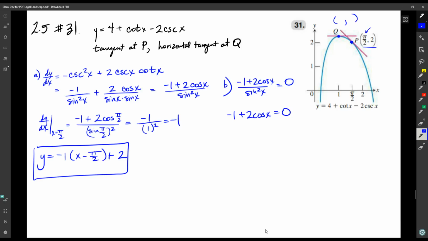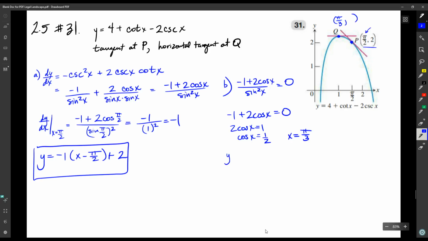Solving this a bit further, we should find that 2 cosine of x is equal to 1. And then cosine of x is equal to 1/2. And the cosine is 1/2 at x equal to, that would be what? Pi over 3. So we have the x value of the point, pi over 3. Next, we need the y value of the point, which we'll get by plugging that x value into the original equation.